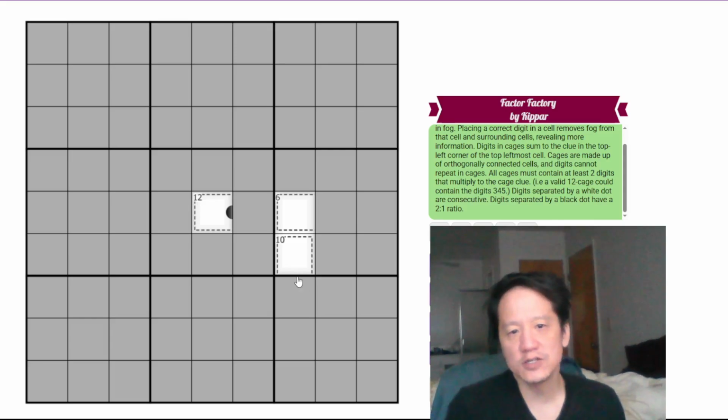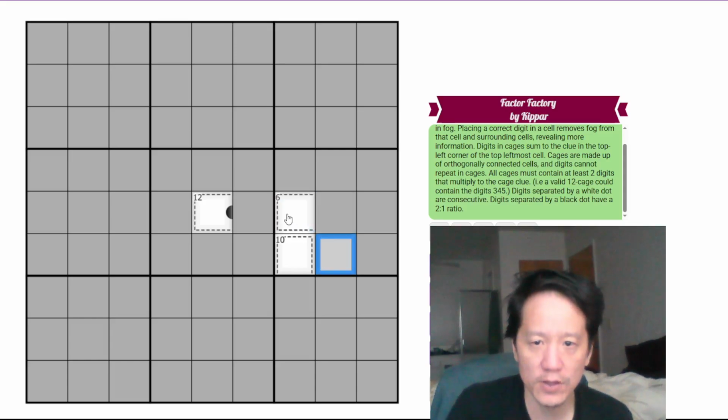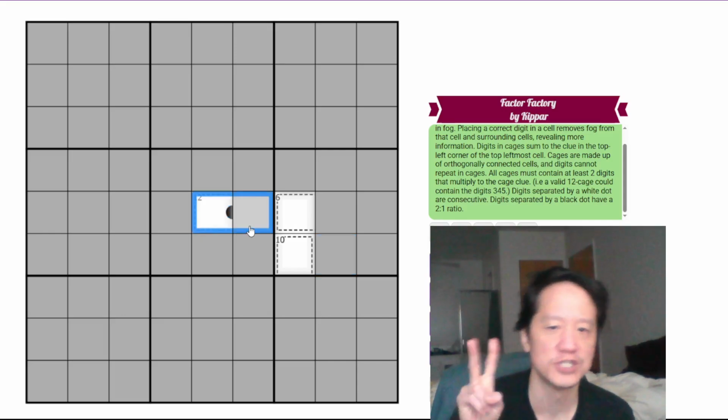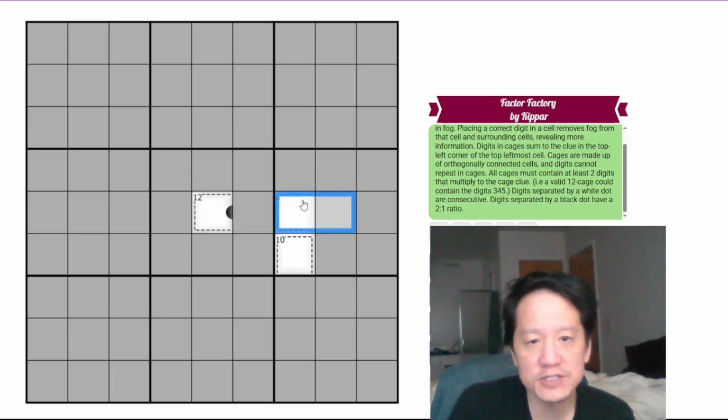Okay, this is a little bit more involved because we don't know how many digits these cages are. But remember, in each cage, we need at least 2 digits that multiply to the cage clue. So this does not work if this is only 2 digits, right?